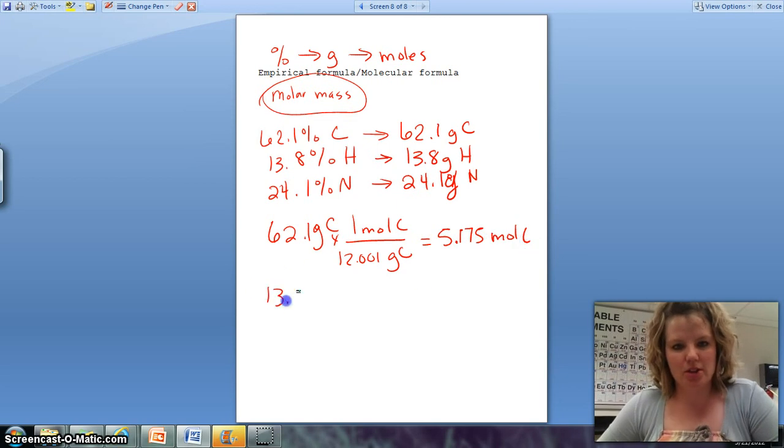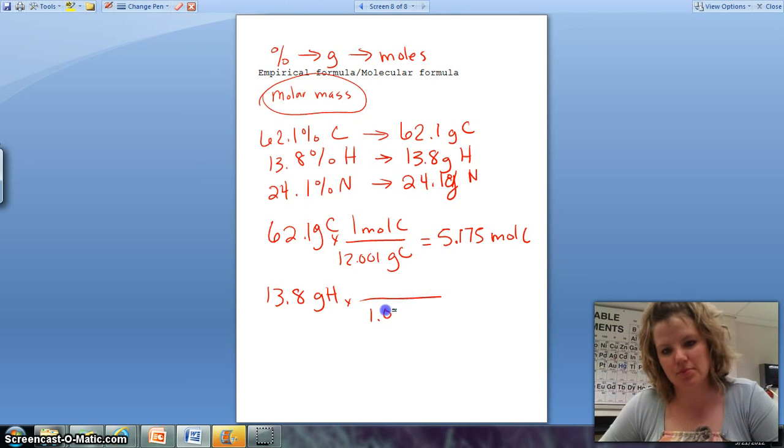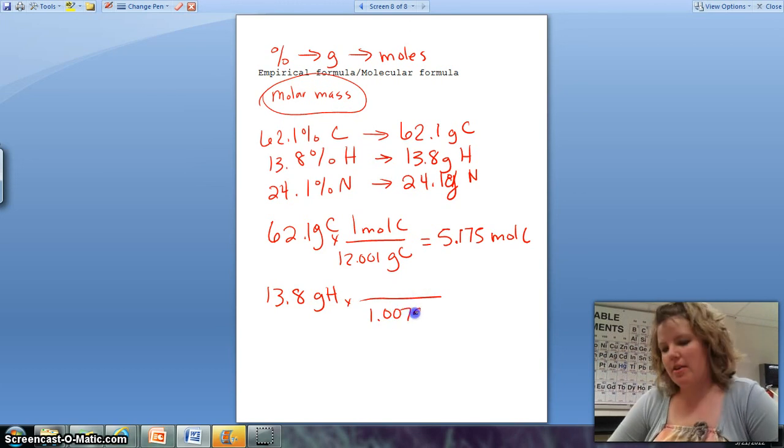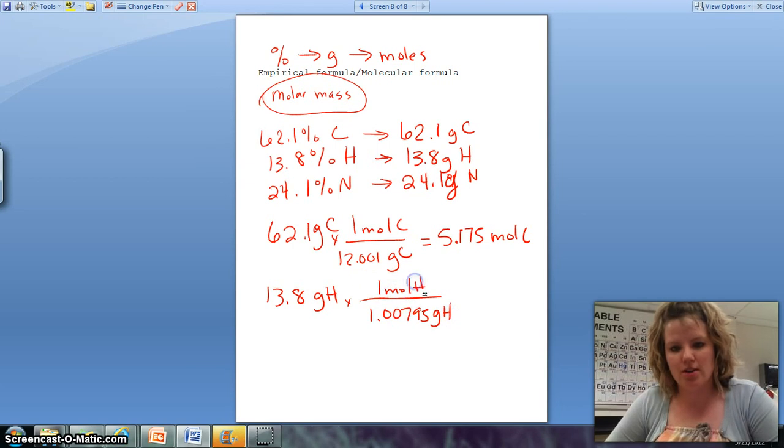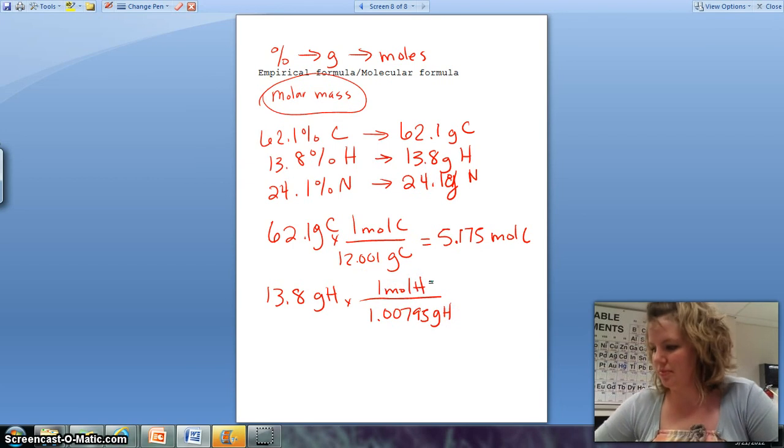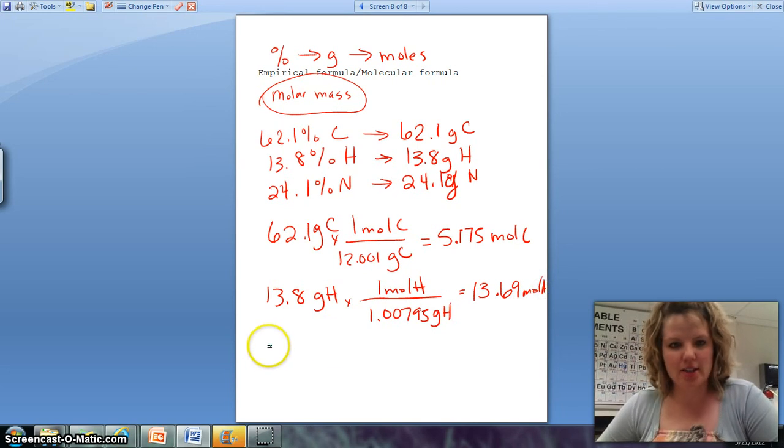Take the next one, 13.8 grams of hydrogen, put hydrogen on bottom: 1.00795 grams of hydrogen, 1 mole of hydrogen. So 13.8 divided by 1.00795, and we get 13.69 moles of hydrogen.